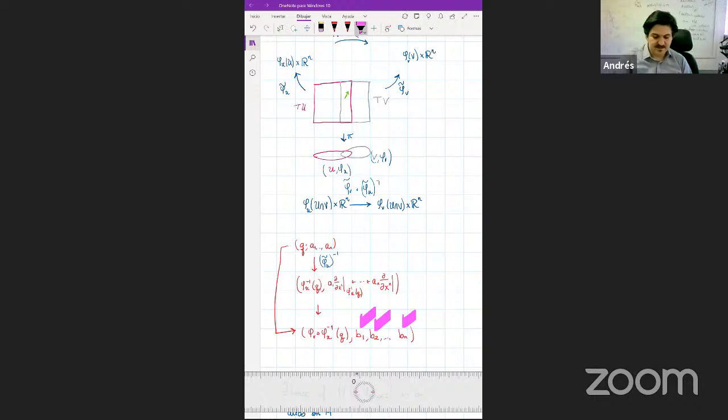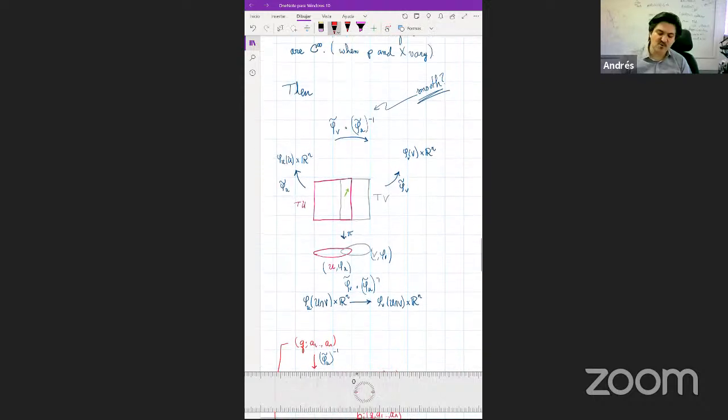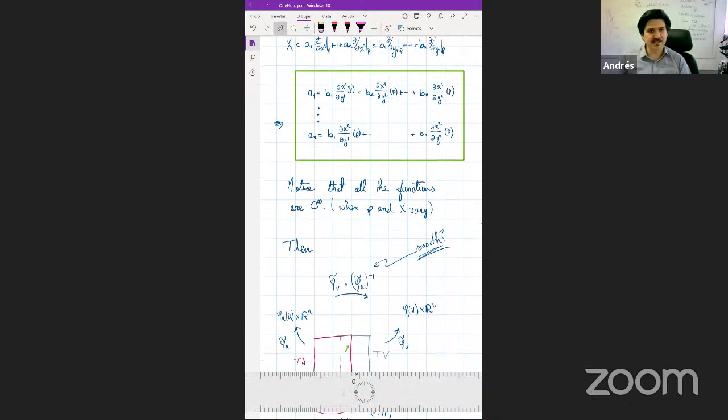Right? If you want to be a little bit more precise, v depends on q and on the a's. Any v. And the way that it depends is given by this green box that I have here for the a's, but also works for the b's.